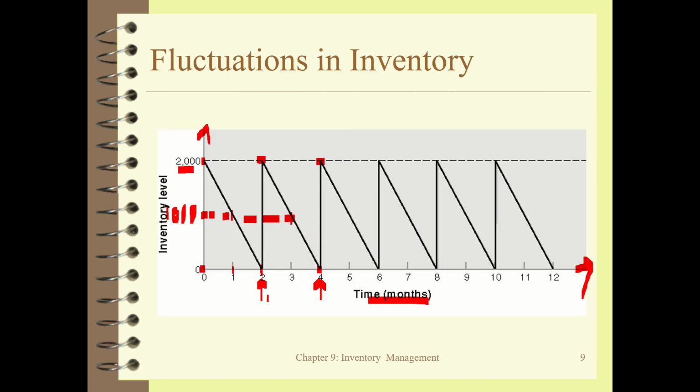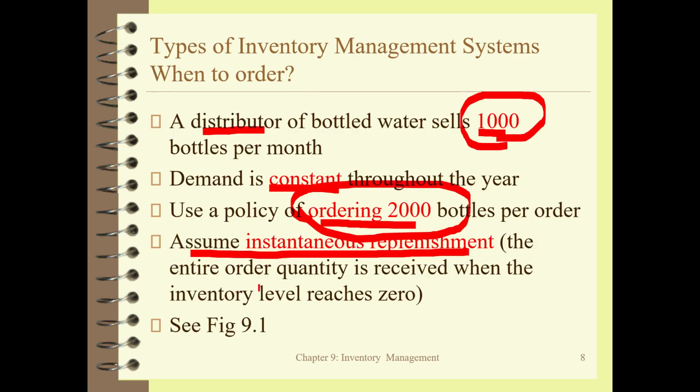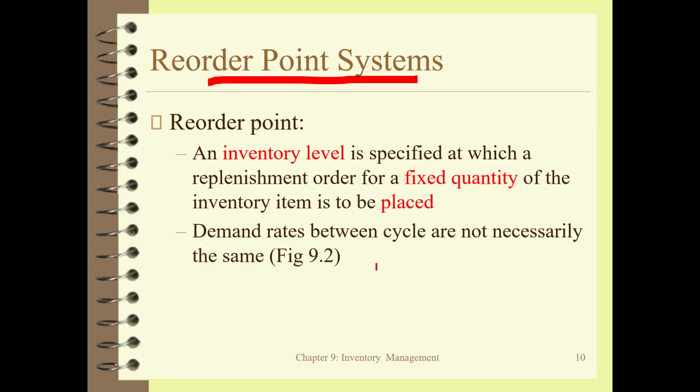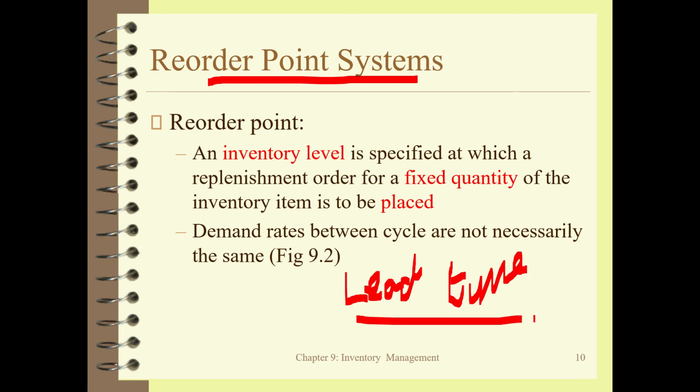So the first policy of the inventory management system is the reorder point. If we assume instantaneous replenishment, we place the order whenever the stock is reduced to 0. But in reality we cannot do that, because we have the lead time, the production lead time.